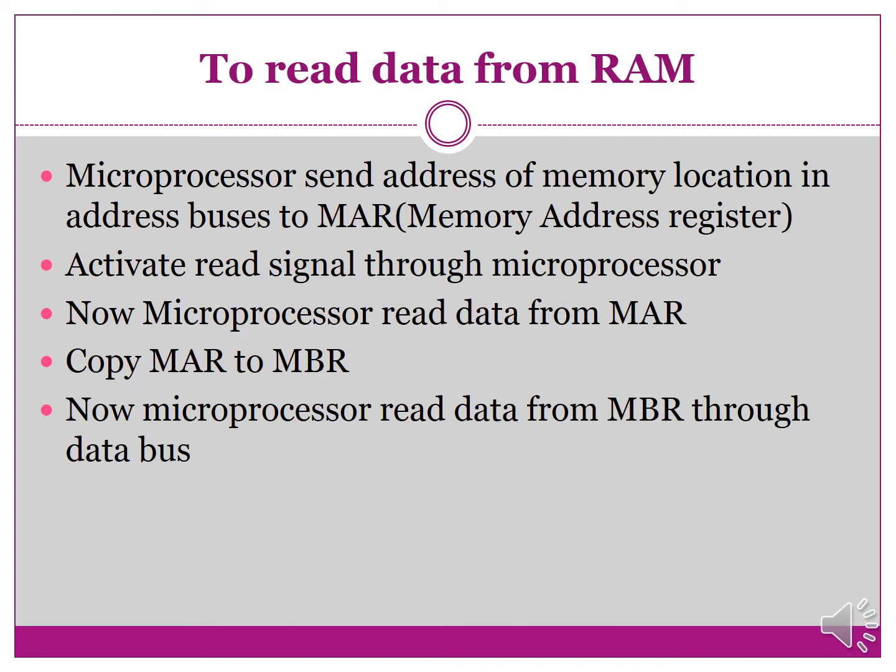Now the read signal, which is active low, is activated by the microprocessor. If the read signal is ready, then it reads the data from the memory location. Whatever data is available is copied to the memory buffer register. The microprocessor reads that data from the memory buffer register by using the data bus.